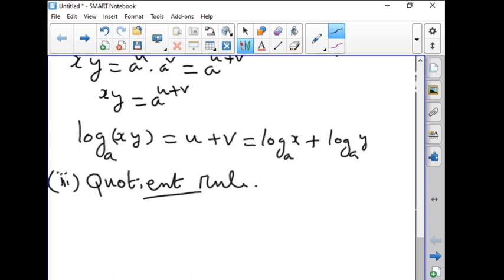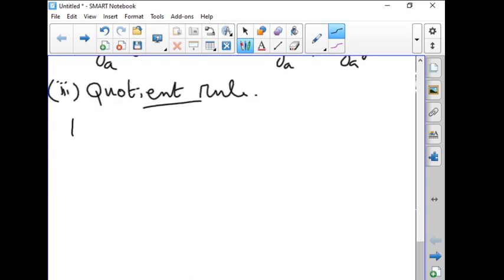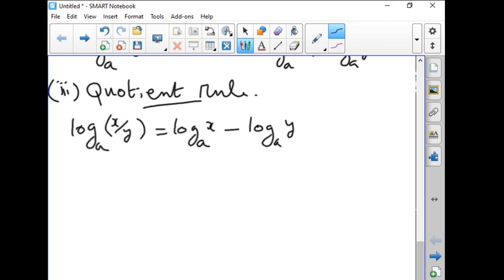So the quotient rule is log x by y to the base a is equal to log x to the base a minus log y to the base a.